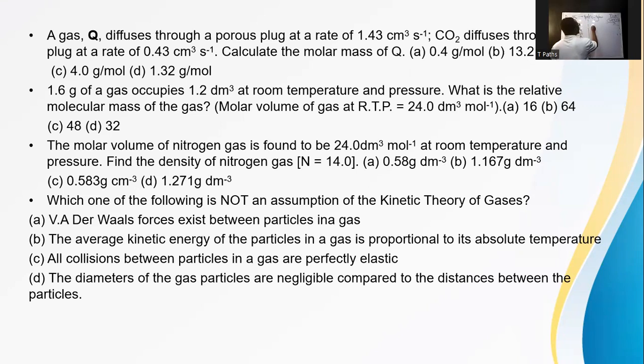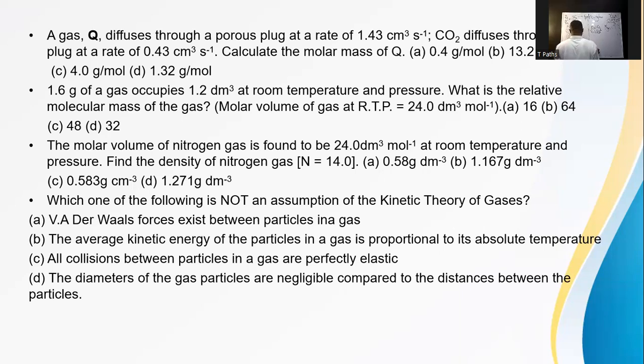So mass is 1.6 grams and volume is 1.2 dm³. What is the relative molecular mass? The molecular mass of the gas is unknown, but we are told that the molar volume of the gas at RTP is 24 dm³ per mole.